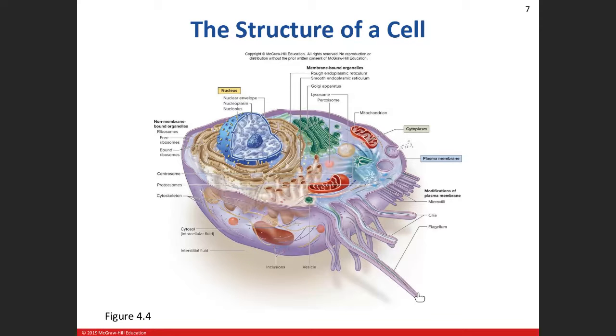There's only one cell in the human body that has a flagellum on it, and that's the human sperm cell. And then you've got these shorter hair-like projections, and these are referred to as cilia. Cilia like to move around and move things past the cell. With cilia, the cell stays stationary, and the cilia move things past the cell.